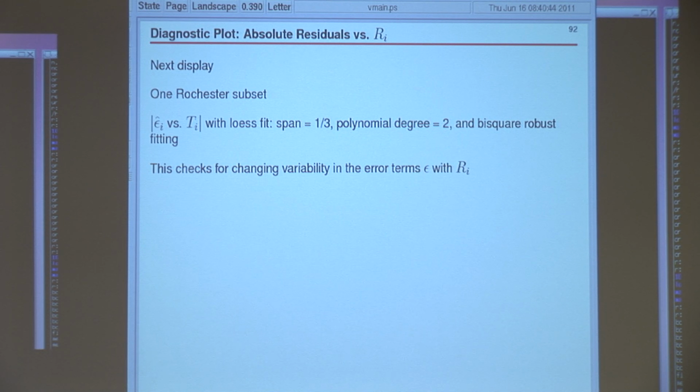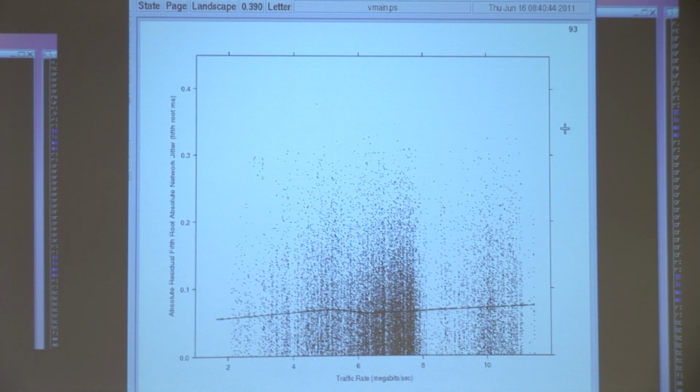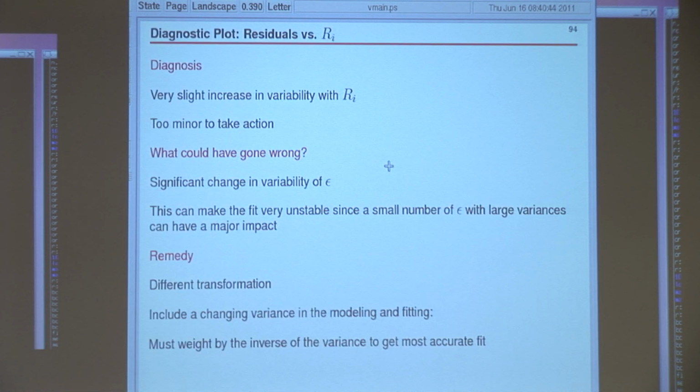Okay. All right, so remember we saw this plot last time. This helps check and see whether or not the variability is increasing with the traffic rate. It's increasing ever so slightly, and this is a stable effect. You see this in other sites, but it's so minor we say, you know what, we're just going to forget about it. Now, you might say, what would you have done if you found there was a significant change?